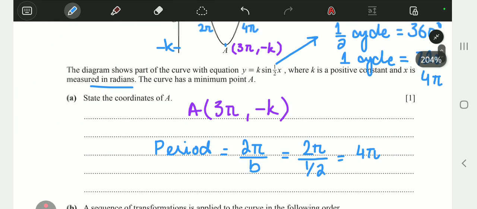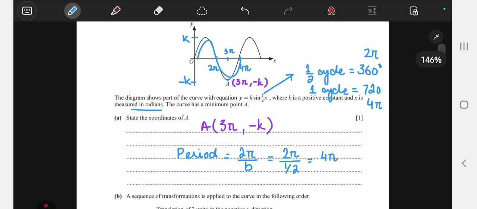This gives you the period of one whole cycle of the curve. When you get this 4 pi, you can easily figure out where point A is. Okay, so this is how you can do it.